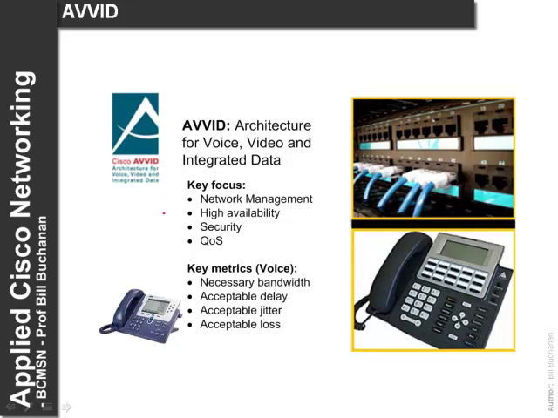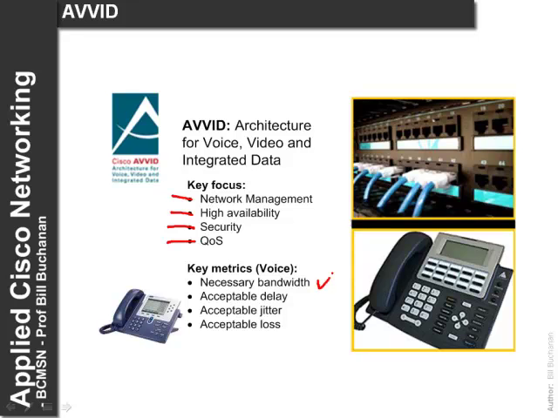The objective is to try and integrate voice, video and data into an IP network. The key focus of this is on the management of the network, to have high availability. We don't want our telephone network to fail at any time. Security is obviously a key factor, especially for things like playback or being able to interrupt conversations, and for quality of service.